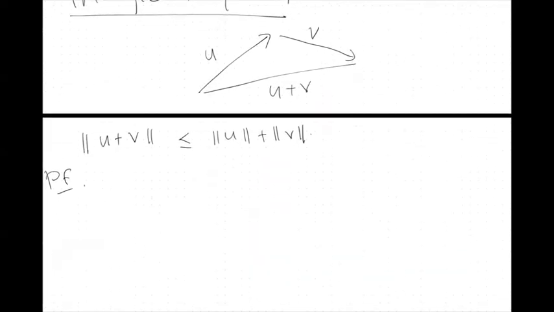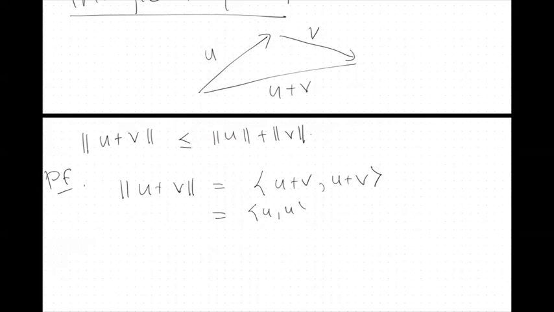So how do we do that? We take the inner product of u plus v with u plus v, and this is equal to the inner product of u plus v, u, plus the inner product of u plus v, v.